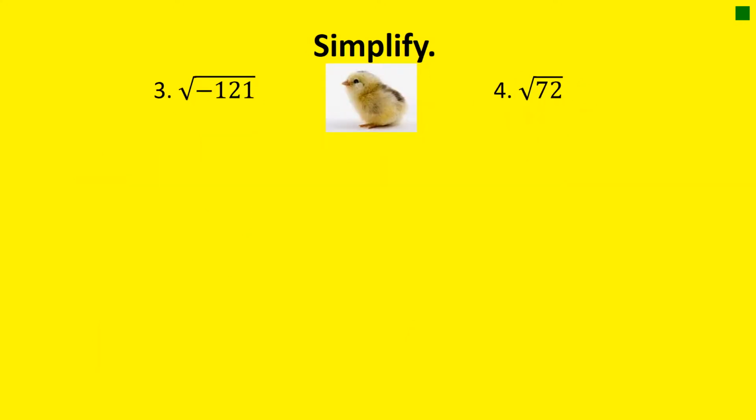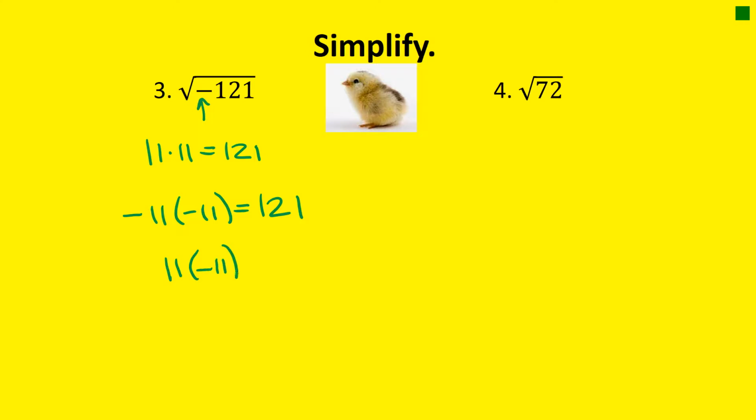So do you know the square root of negative 121? Well, it is 11 times 11, but see that negative right there? What is 11 times 11? It's 121. It's not negative 121. What is negative 11 times negative 11? It's 121 because a negative times a negative is a positive. The only way you can get a negative is multiplying a positive times a negative.